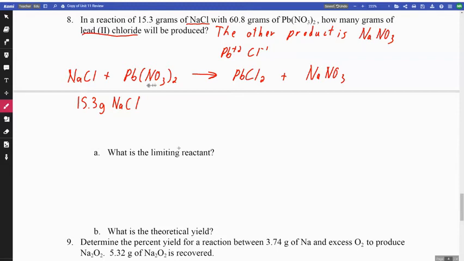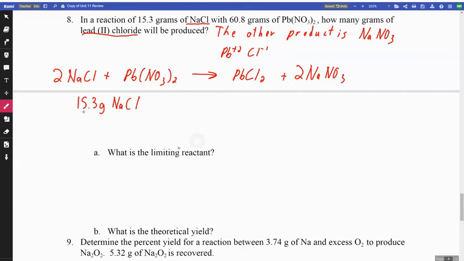So we have two NO3s right here. We have one right here. So we're going to put a 2 there. We have now two Nas here and one here. So we're going to put 2 there. Okay, we have 2 Cls here, 2 Cls here. We have 1 Pb here. We have 1 Pb here. So now we're balanced. Hooray.